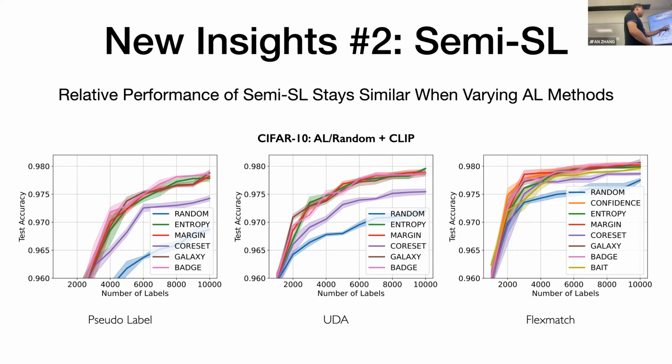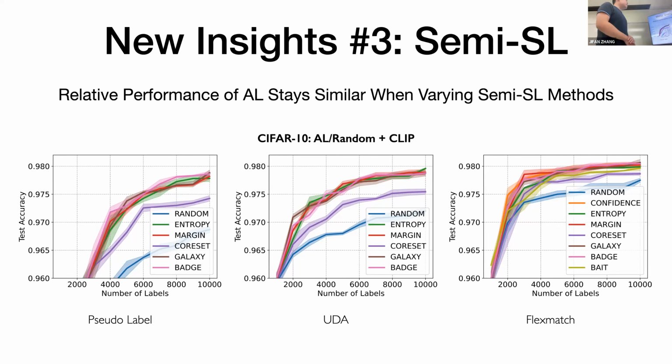If you use a different one, say Core-Set, you also see that pseudo label is worse than UDA, than FlexMatch. So for any active learning algorithm, if you compare the three semi-supervised learning algorithms, they roughly stay in the same order. That suggests you can probably study semi-supervised learning under this framework while fixing which active learning algorithm you use.